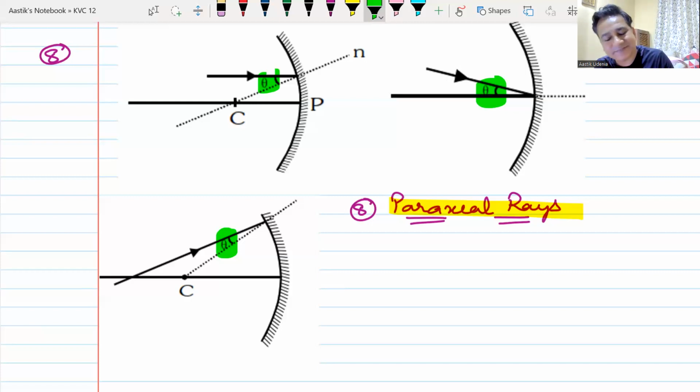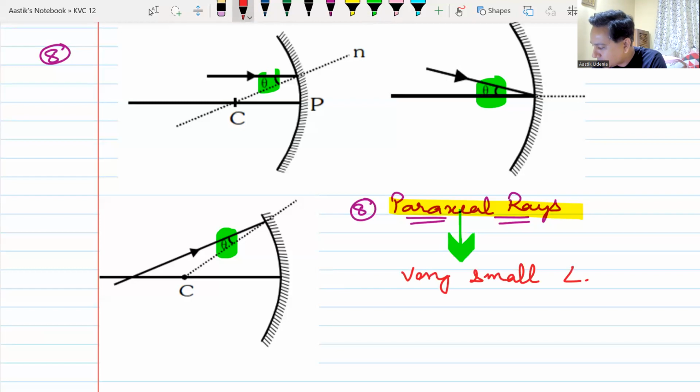Do we understand this? Yes, sir. The diagram tells us all, they have very small angle of incidence. I hope the point becomes clear.